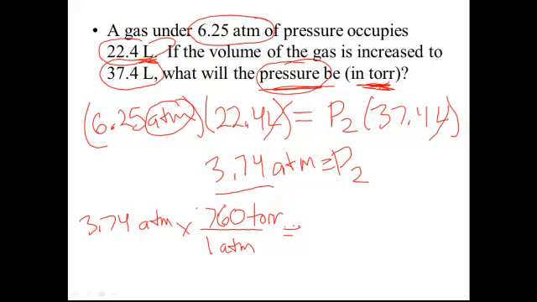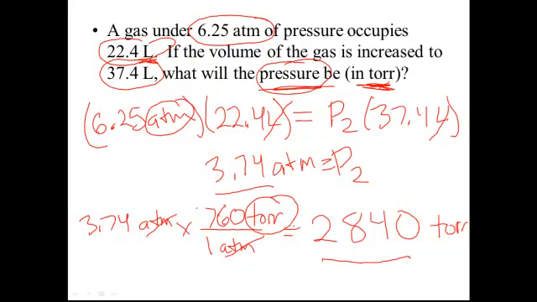So I'm going to multiply that times 760. And again, all of these have 3 significant digits. So my answer is also only going to have 3 significant digits, 2,840 torr. So my atmospheres are gone. All I have left is torr. And that is my final answer.